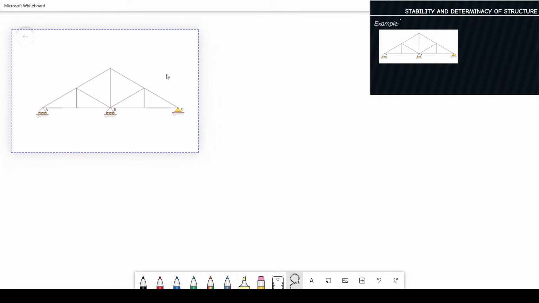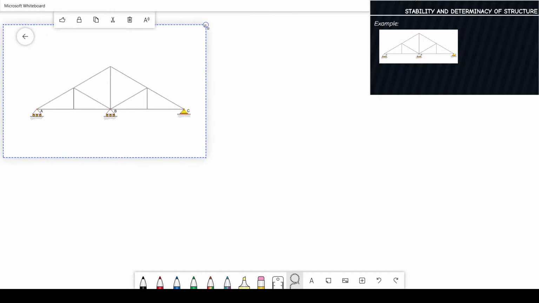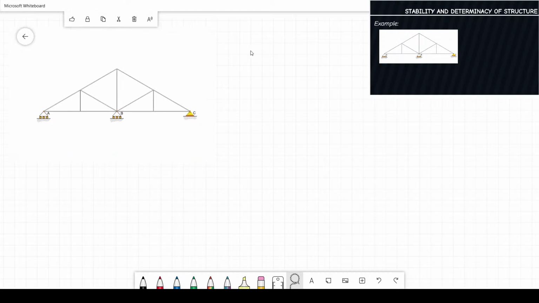Given a truss, of course, truss lang naman yung pinag-usapan natin dito. Given a truss, how can we know if this is determinate or indeterminate?